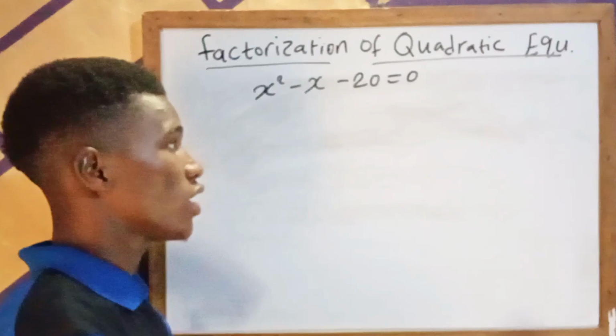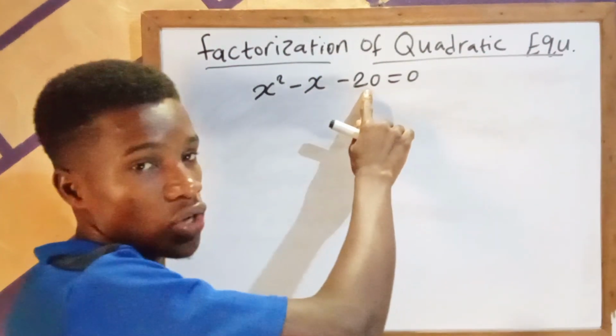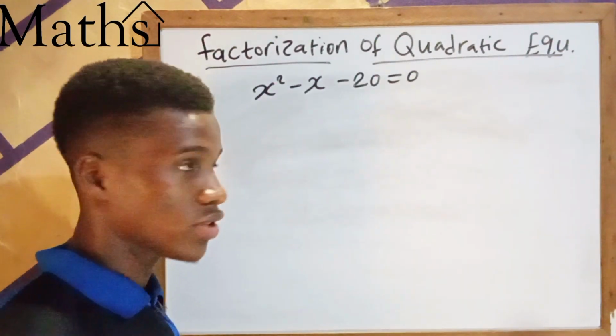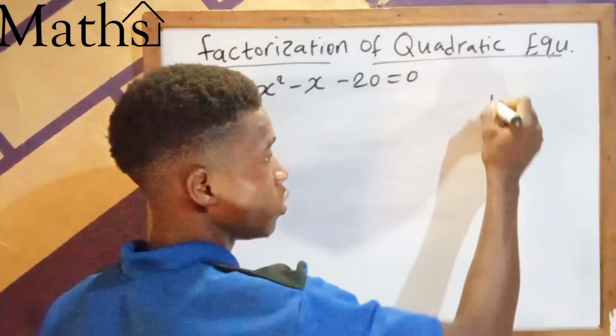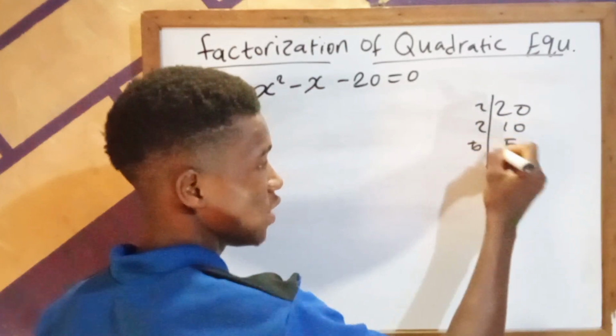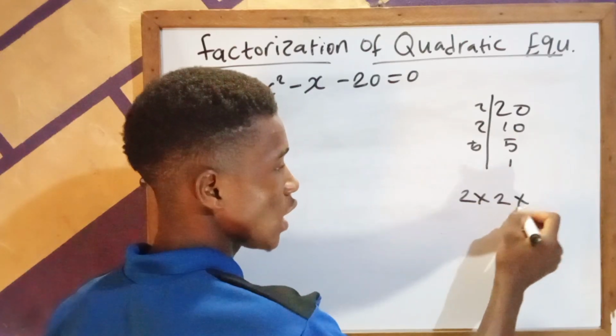The trick of how to get the factors, the easiest trick, is that for the number you are multiplying, you find the factors of it. Let's say 20. When 2 divides 20 you have 10, 2 divides it you have 5, 5 divides it you have 1. So 20 is gotten by 2 times 2 times 5.